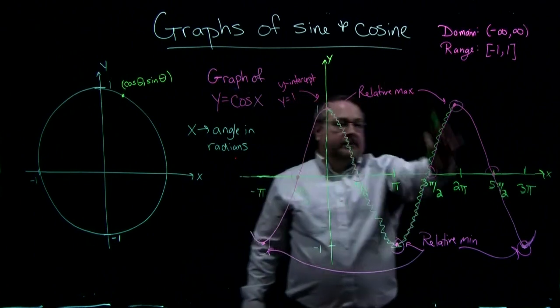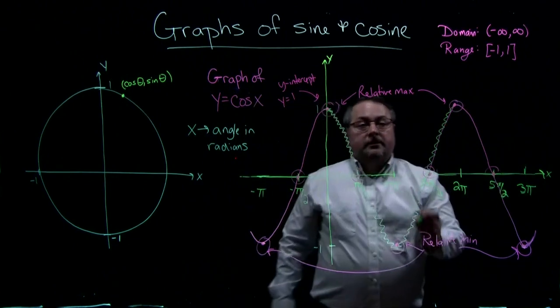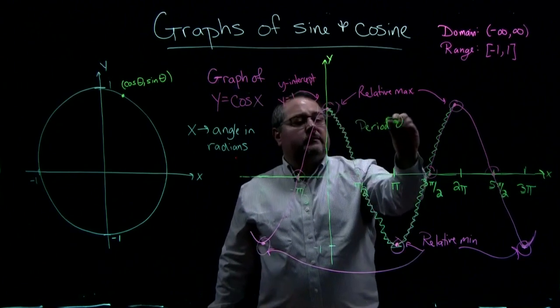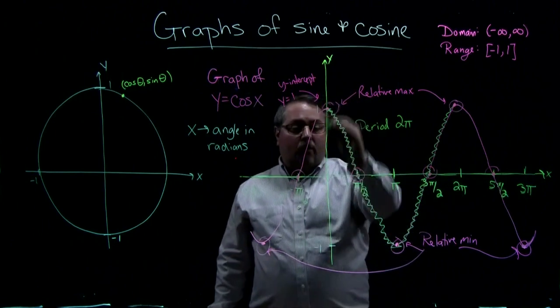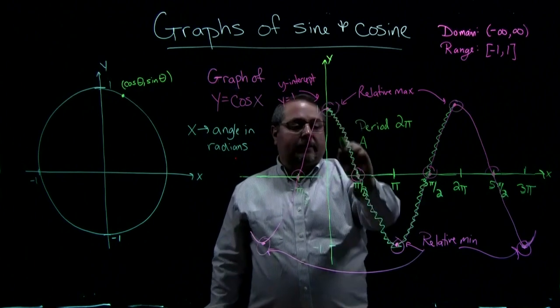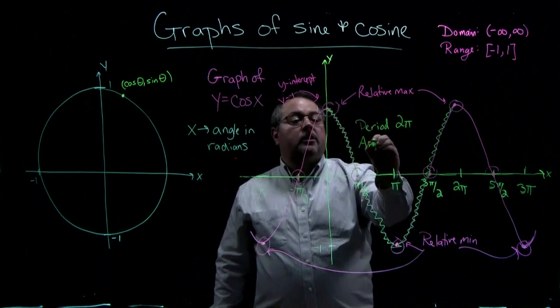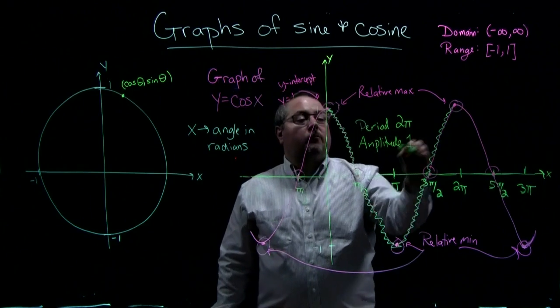If we were to copy and paste that over and over and over again, we would get the entire graph. So we still have a period of 2 pi. We still have this repeating graph, and we still have this wave behavior that goes up 1, back down to the x-axis, down 1, back up to the x-axis. So we have this amplitude of 1.